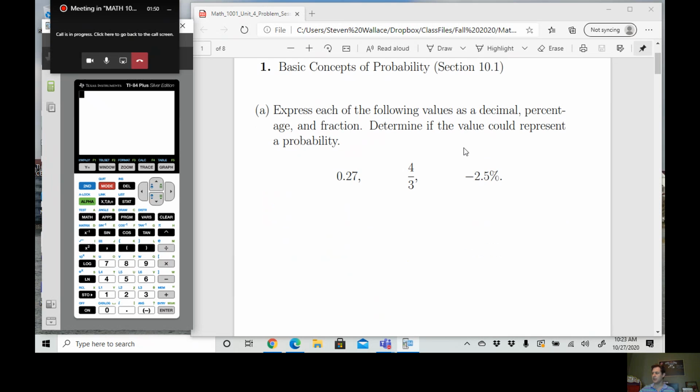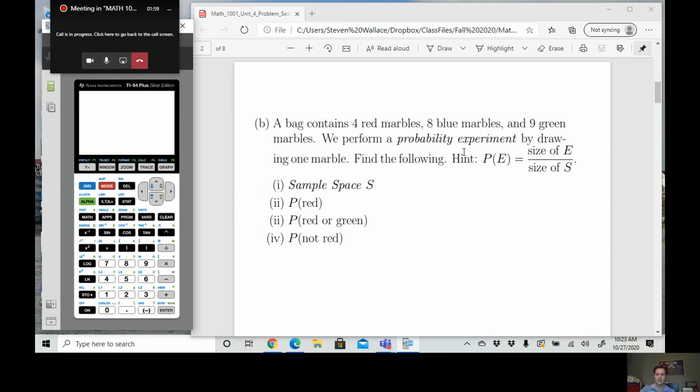Probability is the theoretical likelihood that an event is going to happen. The formula is basically the probability that an event occurs is the number of times it occurs, theoretically, versus the total possibilities that are allowed, okay?